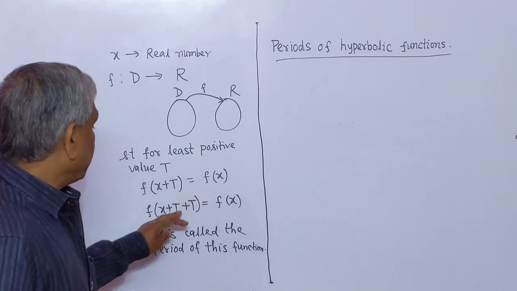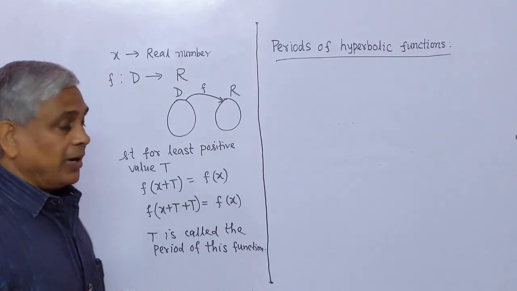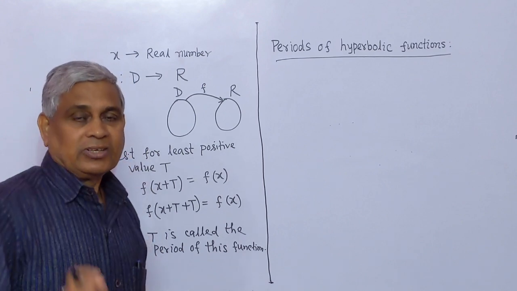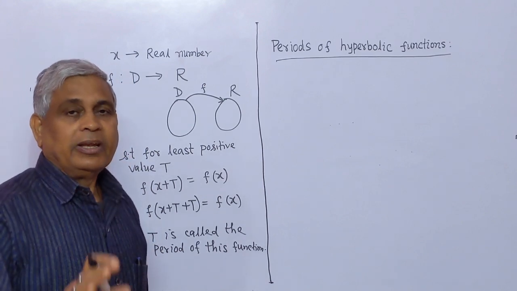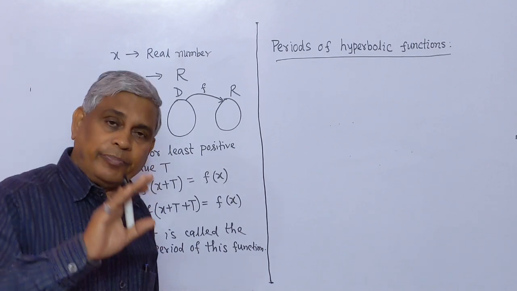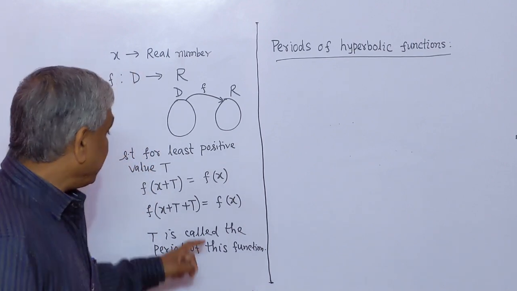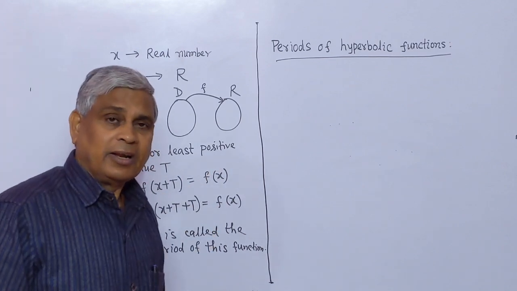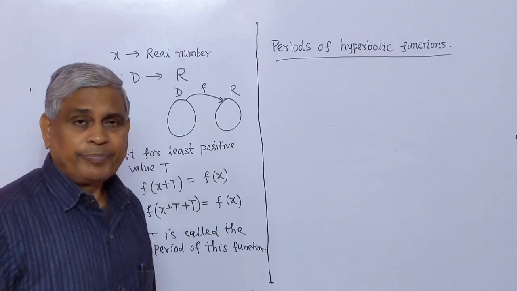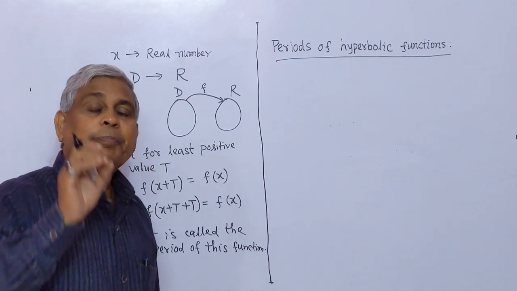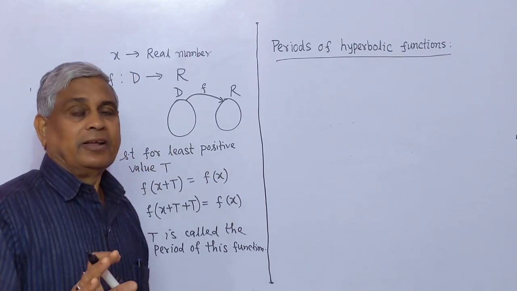This is the case for the period of a function in real domain and real range, dealing with real numbers. In the complex plane, this type of repetition of the functional value may occur, and at that time that complex number will be the period of this function.